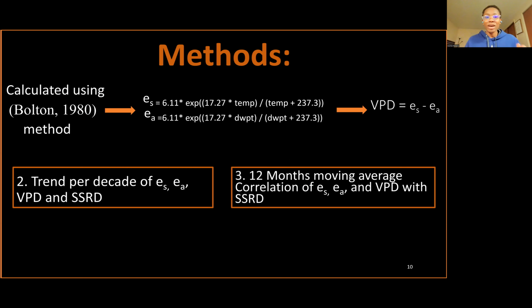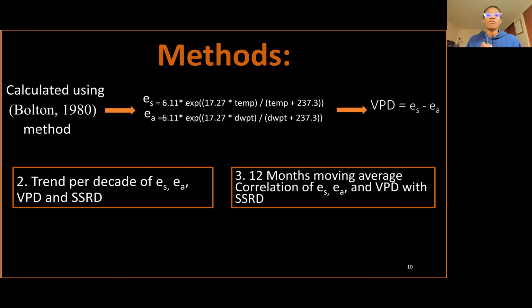I'm trying to make this as simple as possible, but this was my method. First, I used the Bolton 1980 method to calculate the saturation vapor pressure and the actual vapor pressure from temperature and dew point temperature respectively. And I got my VPD. Then I checked for the trend per decade to see how these different variables have been changing: saturation vapor pressure, actual vapor pressure, and VPD.